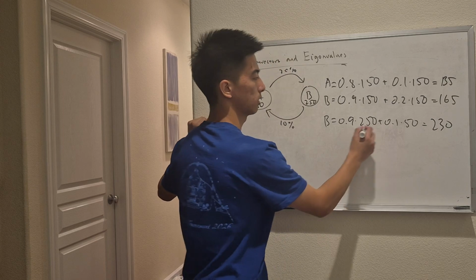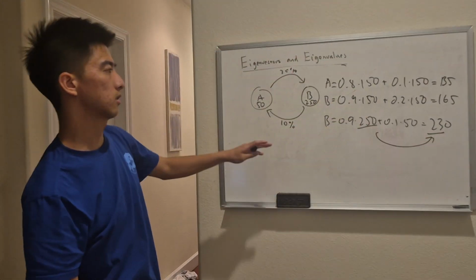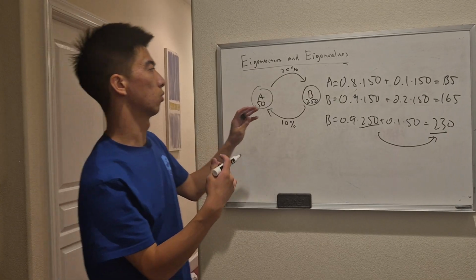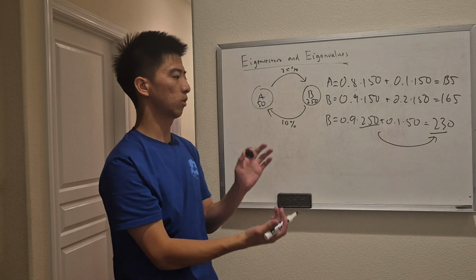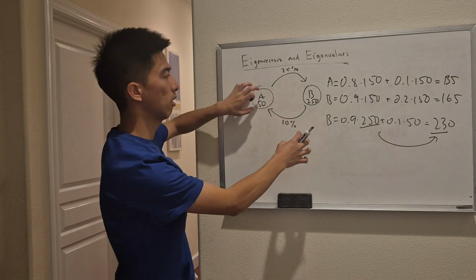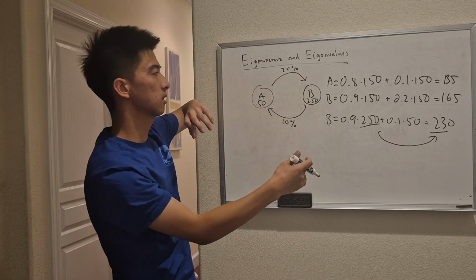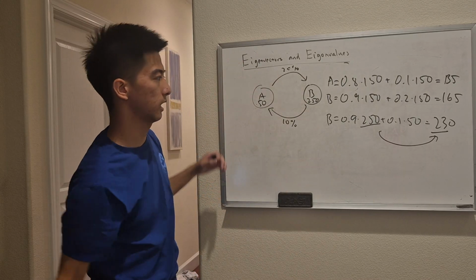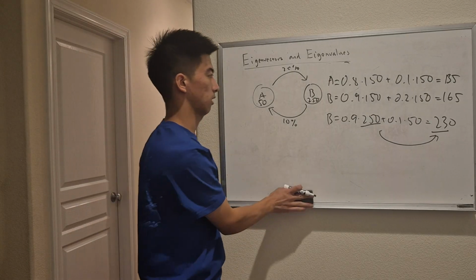And so you see, you went from 250 to 230. You went down in bacteria B. So obviously, it doesn't go all to bacteria B, which means there's some equilibrium in the middle, where at some point you have some A, some B, and then after a while, when you keep running it, no population changes. And so we're looking for that equilibrium, and that's where eigenvectors come in.